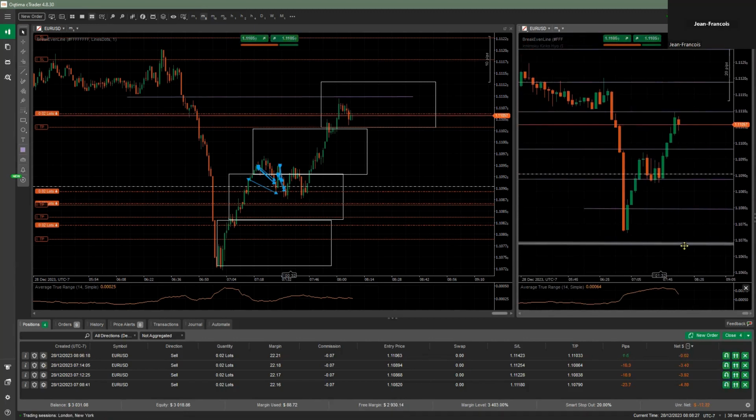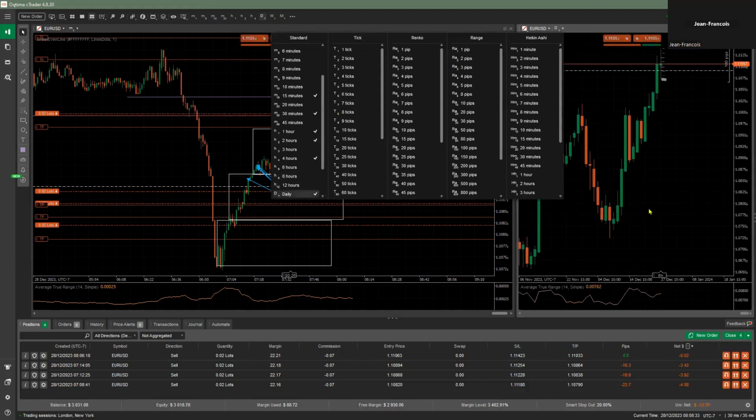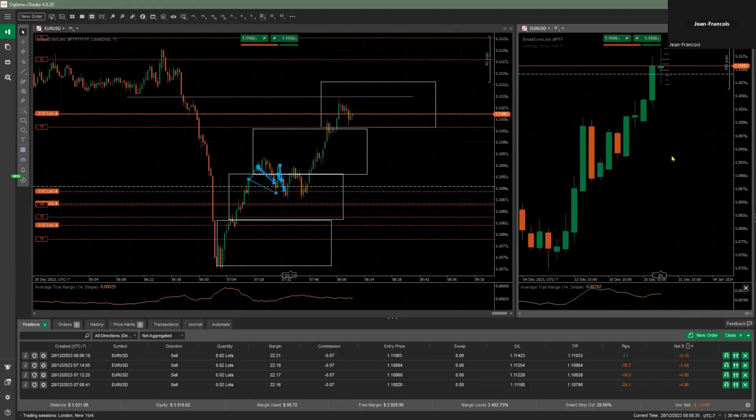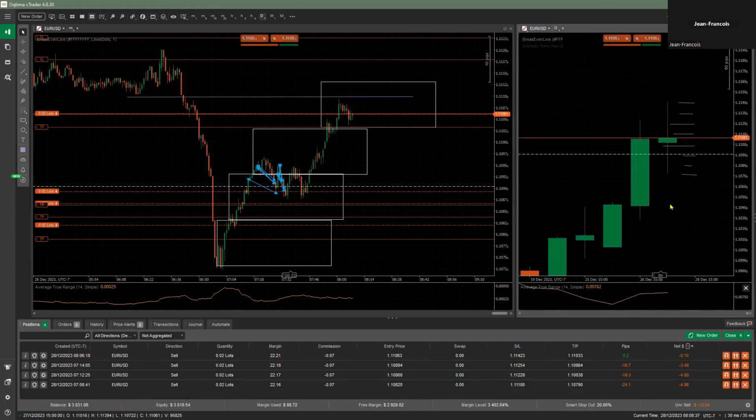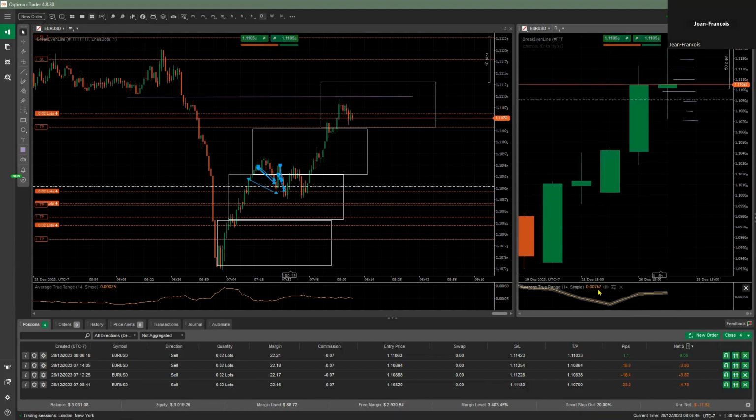An average daily range, if we go and take a look at that aspect, what's today's range? Today we did 65. The average is 76.